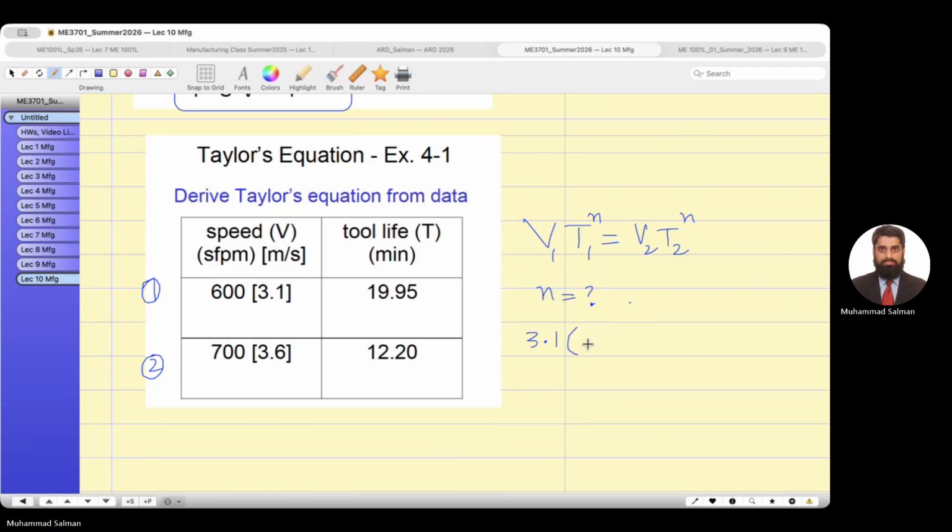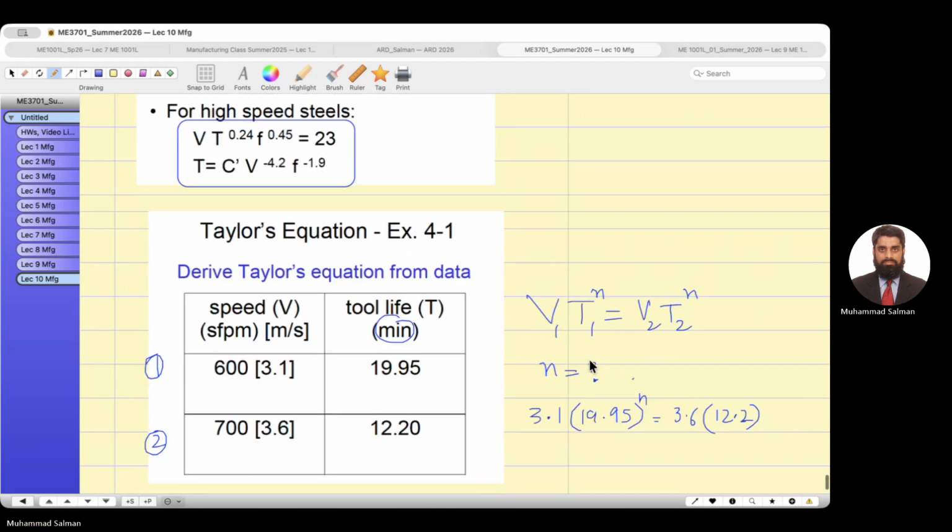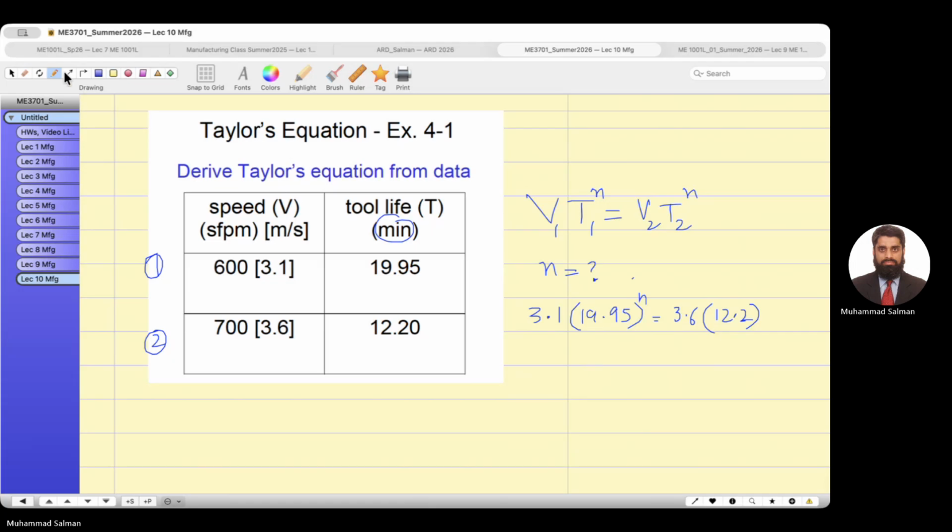3.1 times 19.95, 3.6 times 12. Here we have the tool life in minutes. We have to convert it to seconds, right? Because this is in minutes, this is in meters per second. I will say multiply by 60.